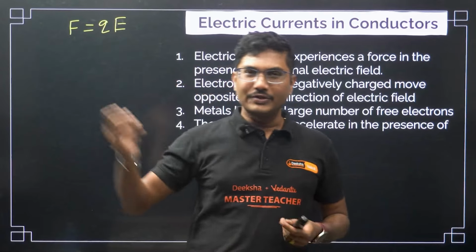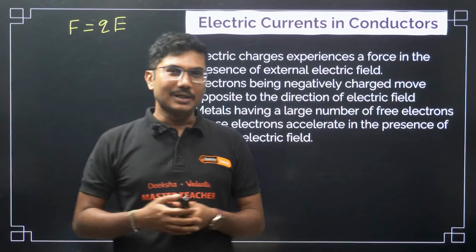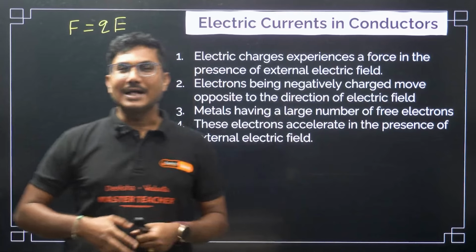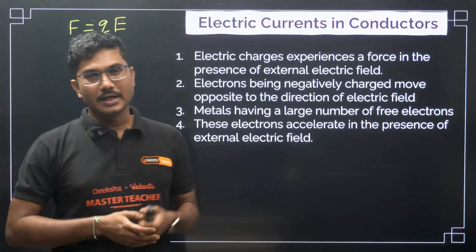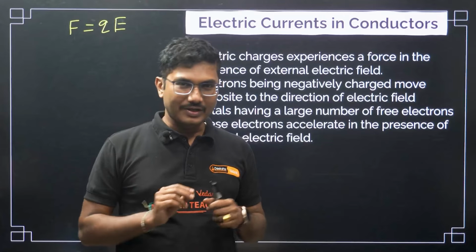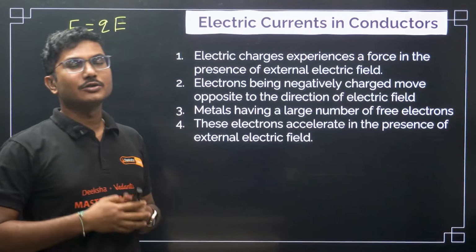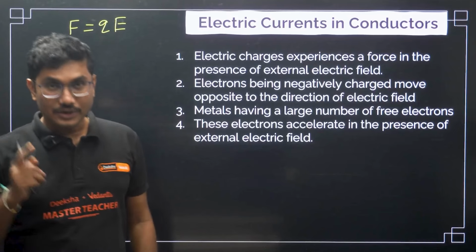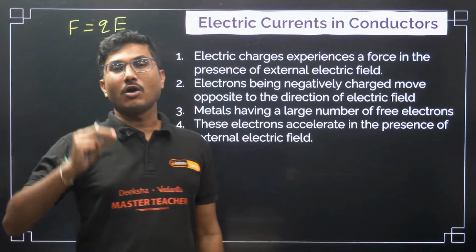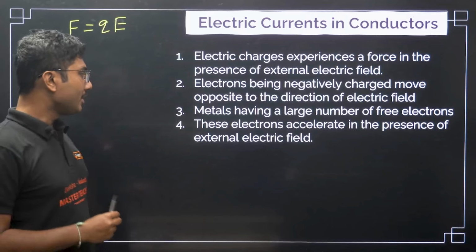If you visit a sea, you will see a lot of water, right? Similarly, a metal has a lot of free electrons inside it. When you apply an external electric field across the conductor, they start to move in the direction opposite to that of the applied electric field. Very important point to remember.